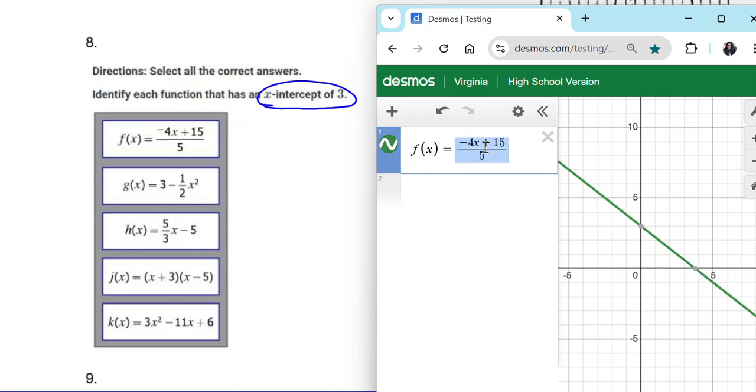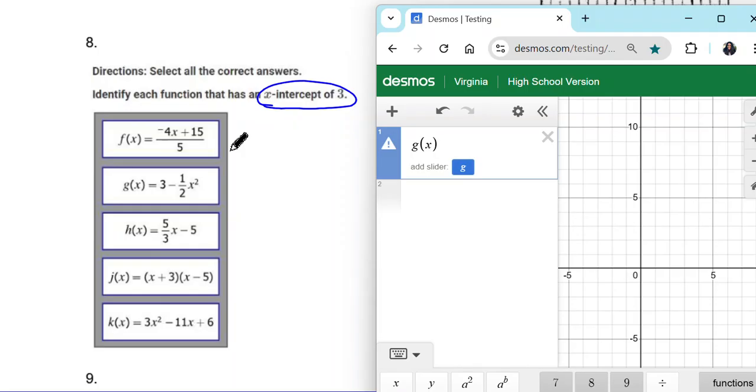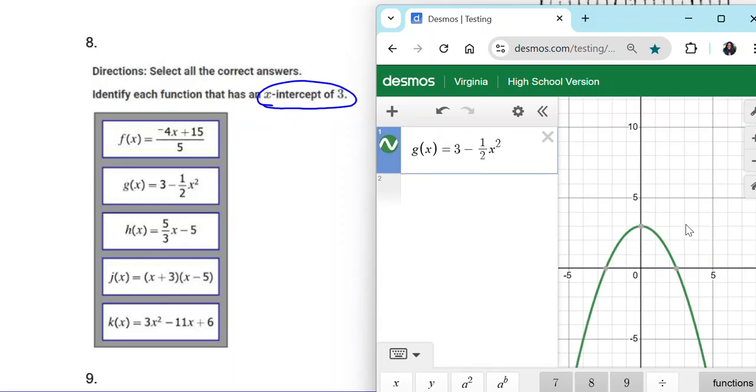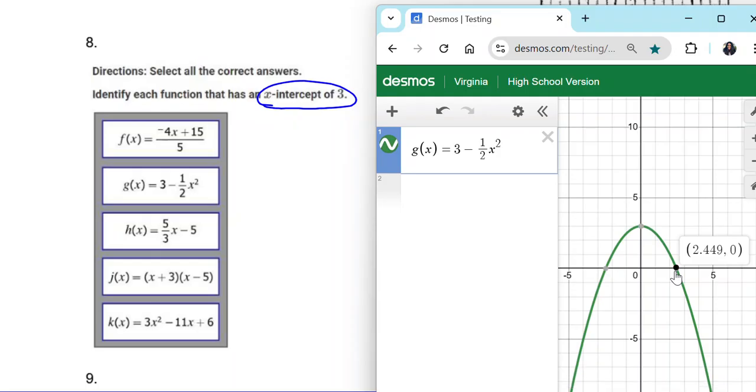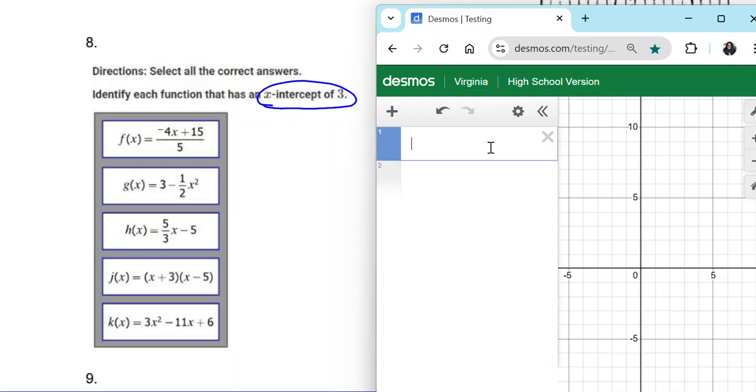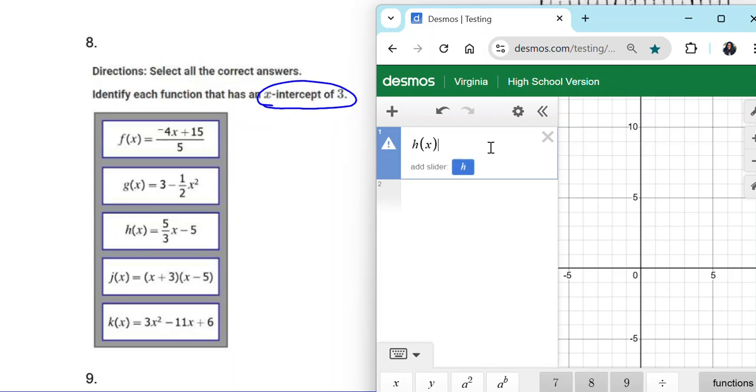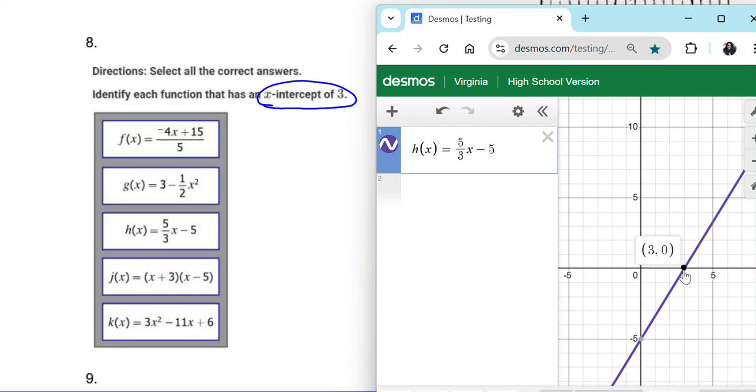Let's try g of x. Does it have an x-intercept of 3? Nope. h of x. Does it have an x-intercept of 3? Yes, it does. h of x works.